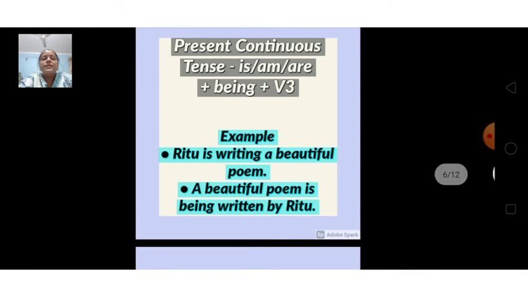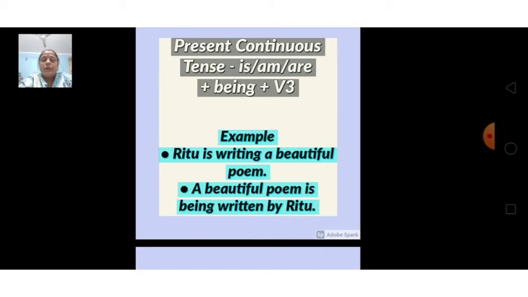Present continuous tense. In present continuous tense, is or am or are, anyone, and then after that we'll use being. If it is continuous tense, we will use being also, plus the third form of the verb. Children, always remember in the first module I have told you that in passive voice we always use third form of the verb.